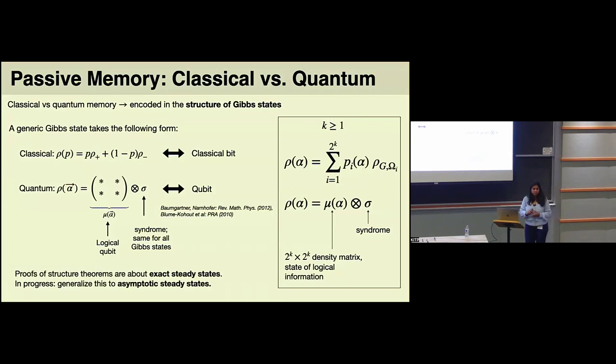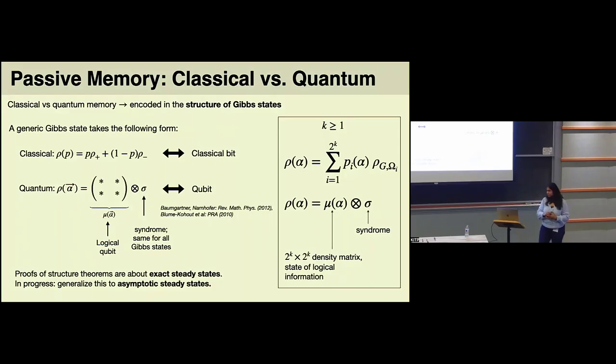I'll say that the rigorous results on these structure theorems are about exact steady states. So if you have exact steady states with this kind of degeneracy, then you can make these statements. Something that we're working on, which is looking quite promising, is generalizing these structure theorems to asymptotic steady states, where the Gibbs state component does have some lifetime, but that lifetime diverges with system size.